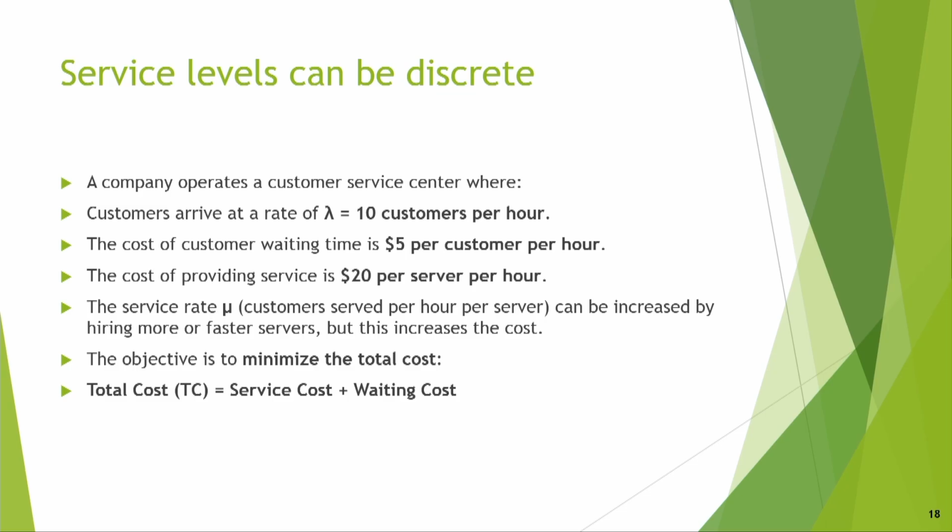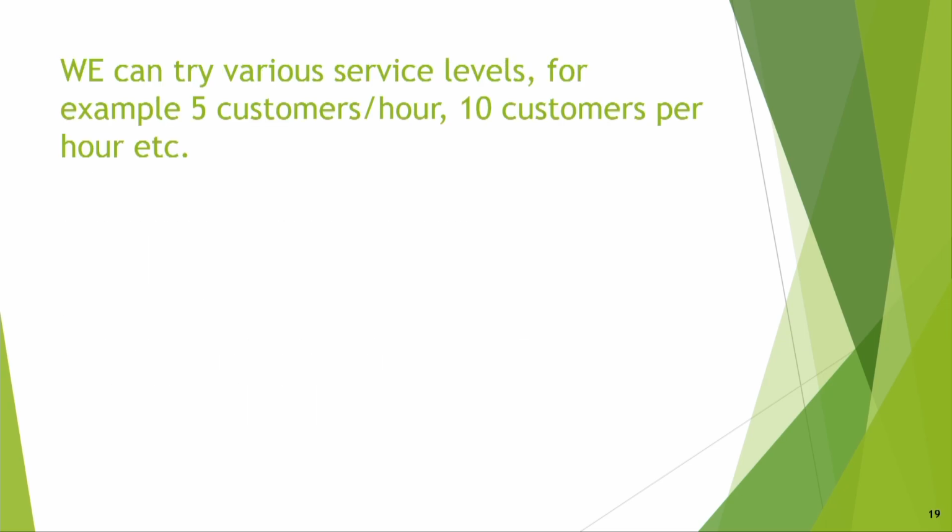Total cost TC is equal to service cost plus waiting cost. That means you have to combine these two things. Expressions may differ case to case, but this is the basic thing, and you can do that optimization problem. We can try various service levels.